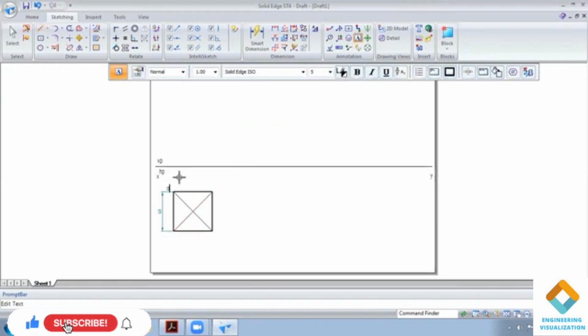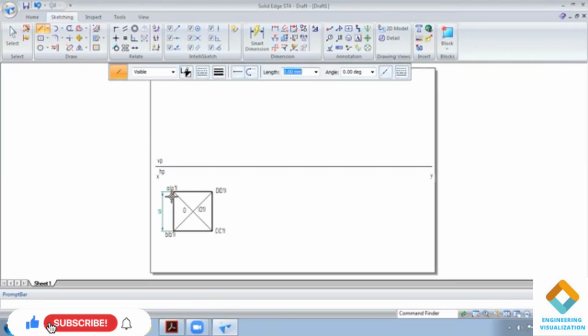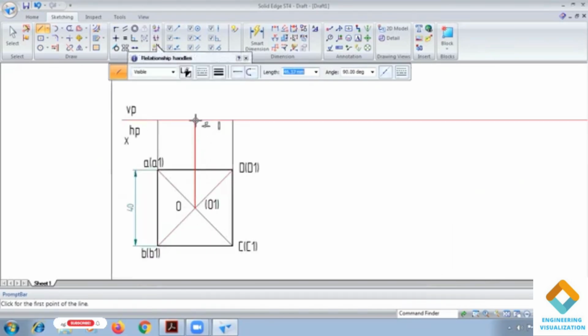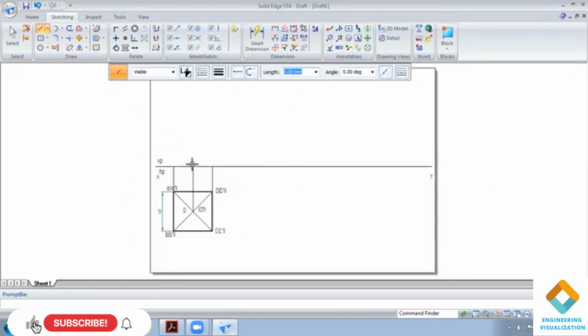N means A, A1 in bracket, C, C1 in bracket, D. So here the axis length is 40.